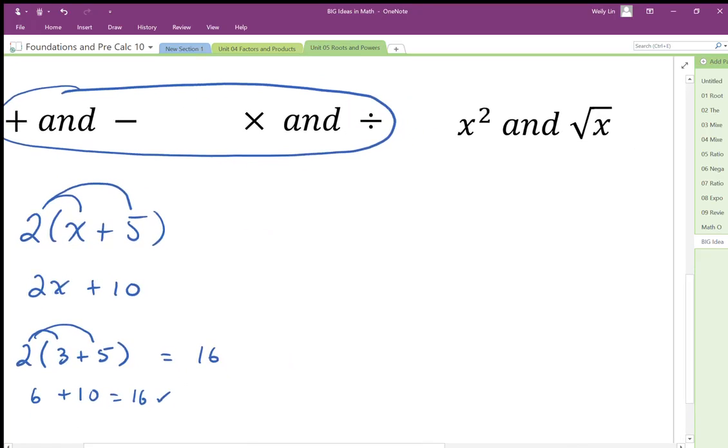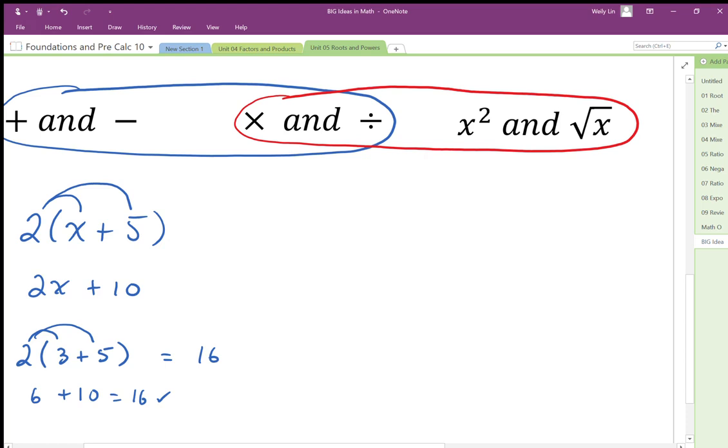We can also say that since powers and roots really are just an extension of times and divide, powers are really repeated multiplication, just like times is repeated addition, these are in fact compatible with each other. An example of this would be if I had something like 2x all squared.